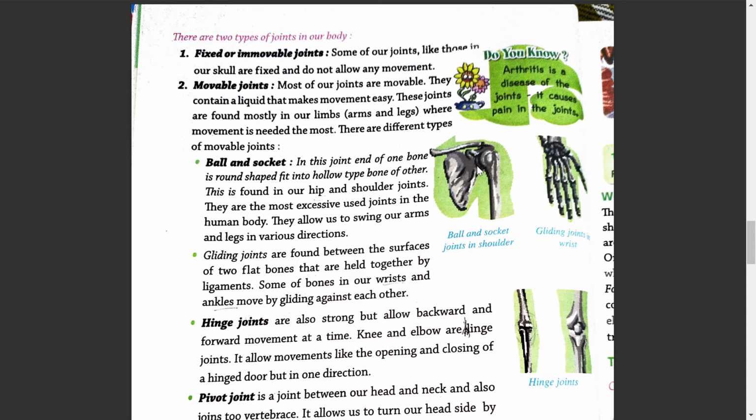They allow us to swing our arms and legs in various directions. While playing cricket, the ball and socket joint of the shoulder allows the bowler to change the speed and direction of the ball. We can swing our arms like a wheel because of the ball and socket joint.